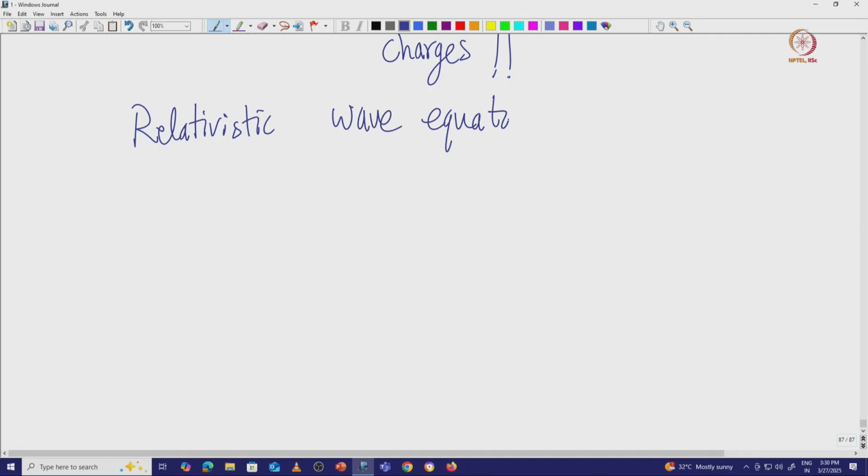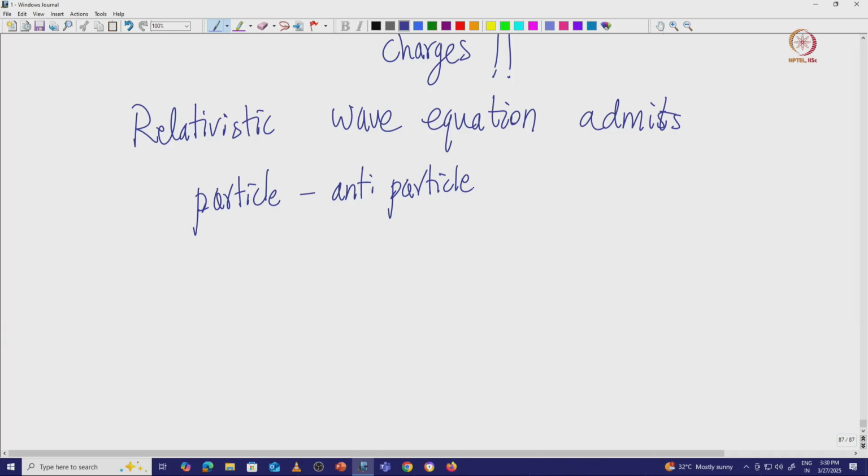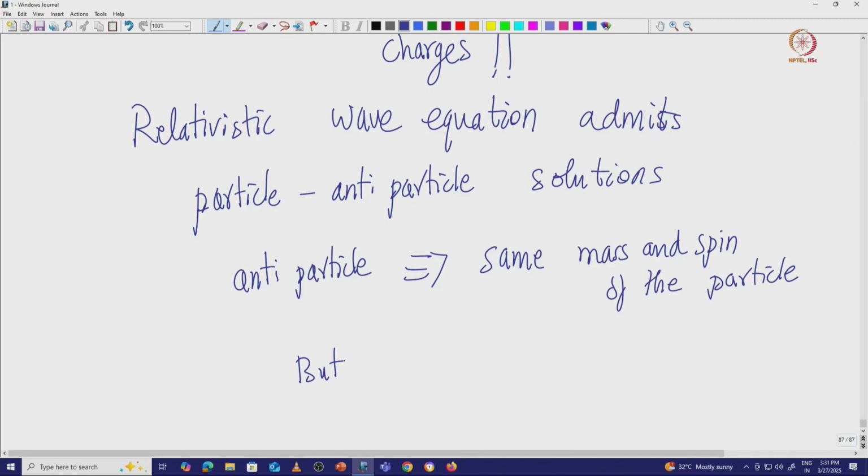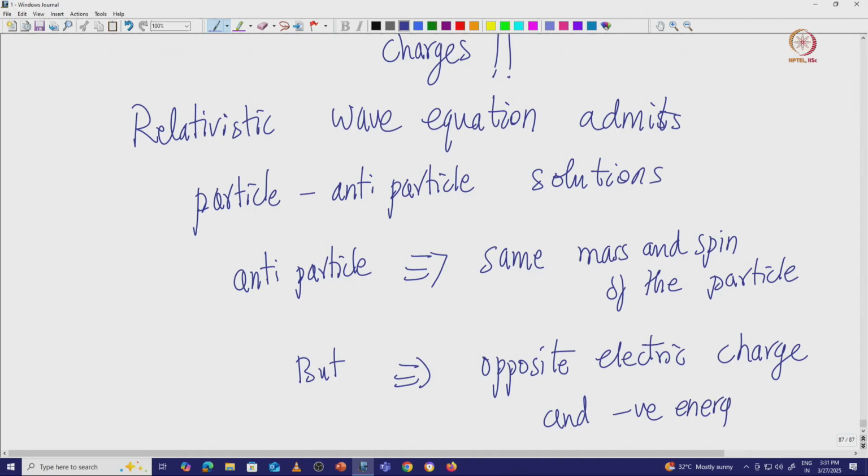So this relativistic wave equation admits particle antiparticle solutions, where antiparticle is defined as same mass and spin, this we will see later, spin of the particle, but opposite electric charge and negative energy solution.